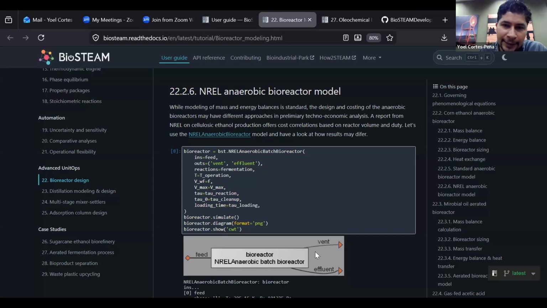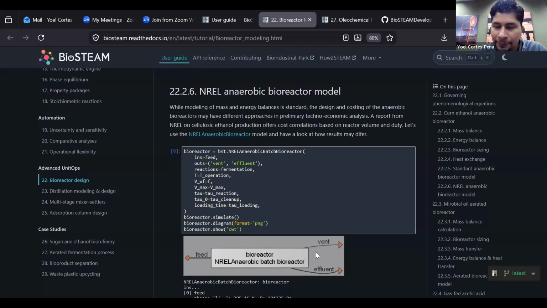Only then can you begin to build the process, and to build the process well. So once you understand what thermodynamics is necessary and what unit operations are needed, then you can try to find if BioSTEAM supports those modeling capabilities.